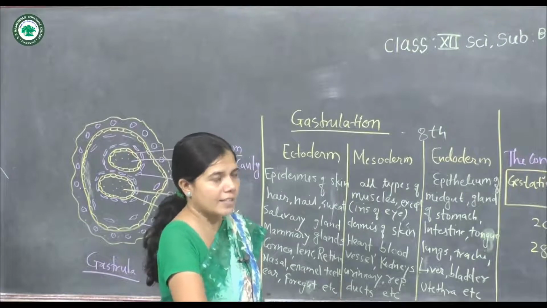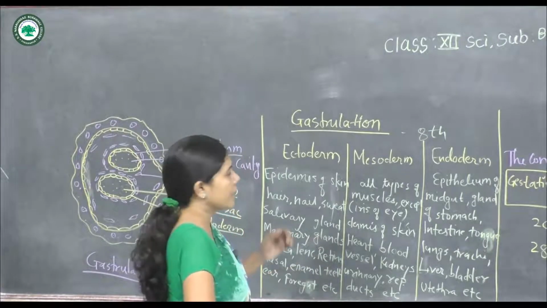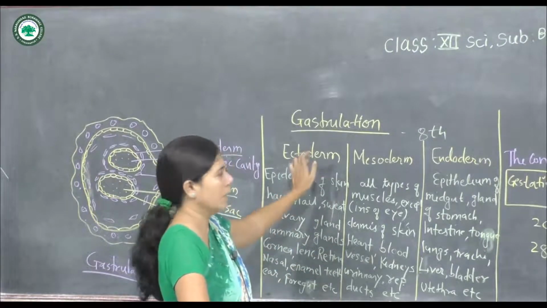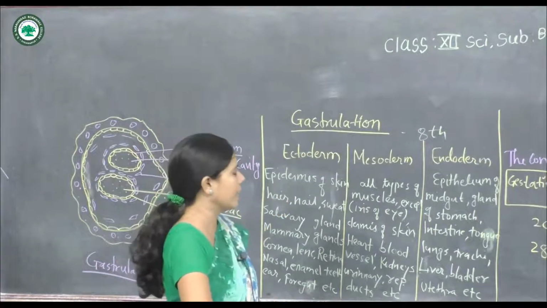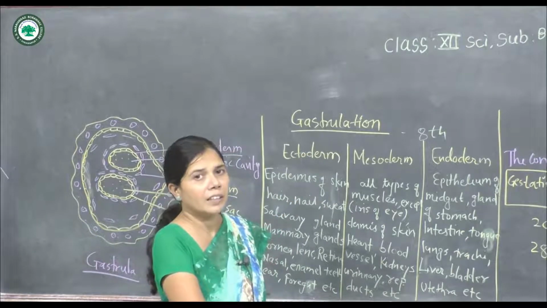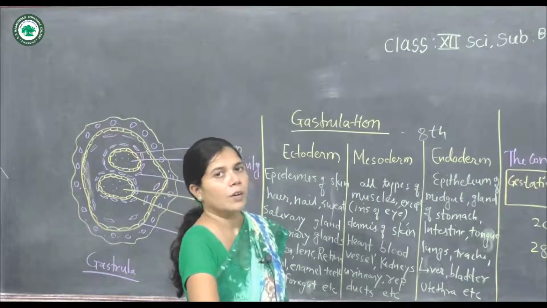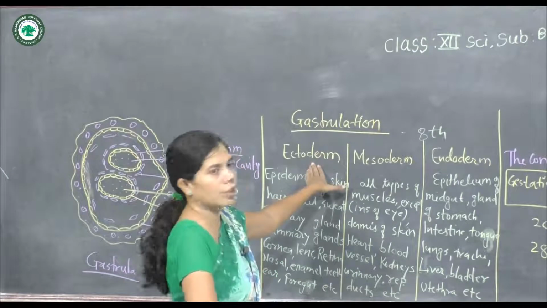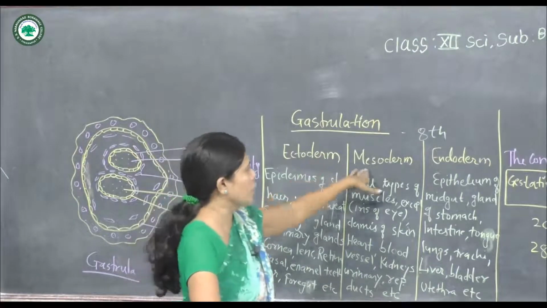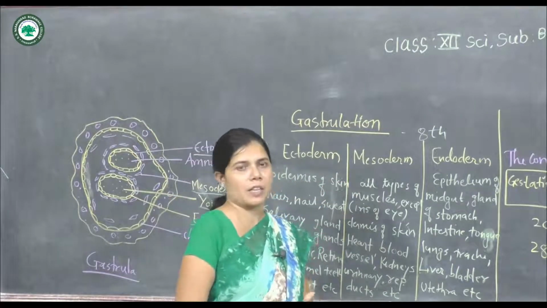The epithelium of the nasal cavity, the hindgut, foregut, and the external and internal ear are also formed from the ectoderm layer.